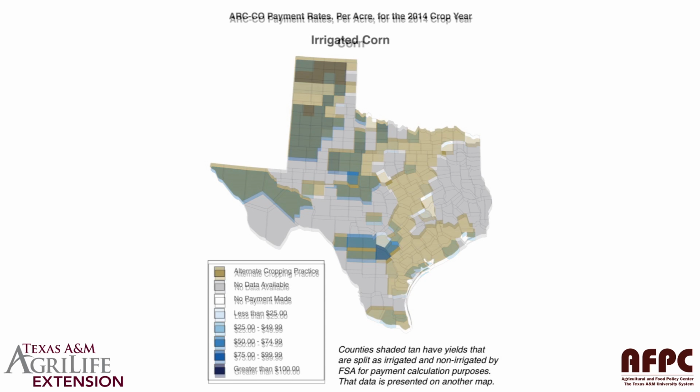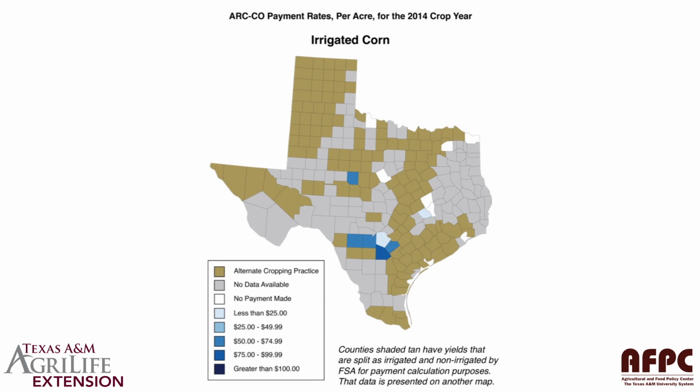Most of your Panhandle counties would have been a little bit higher than across the rest of the state. When you look at irrigated corn, again, the tan means that the relevant data was already on a different map, and for the south central Texas area around Medina County, they actually have irrigated corn yields broken out separate from non-irrigated yields.